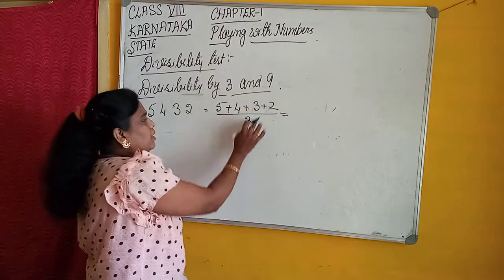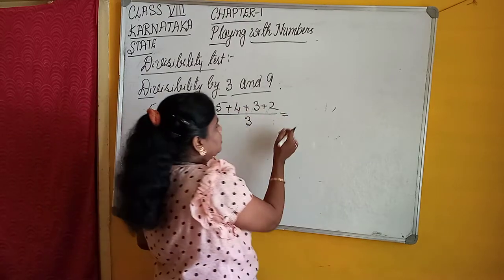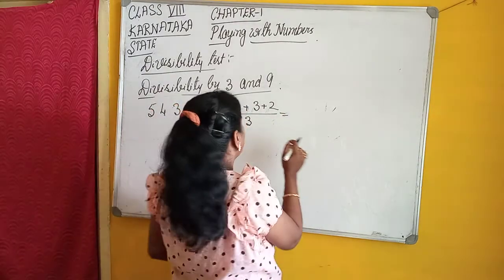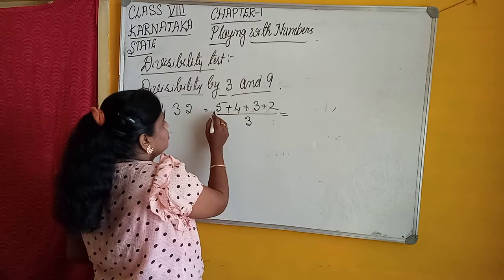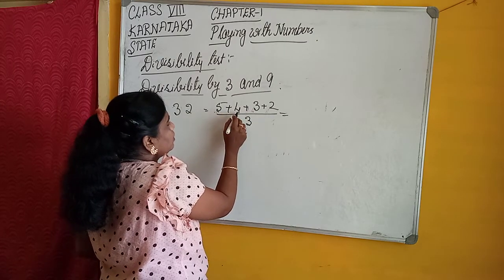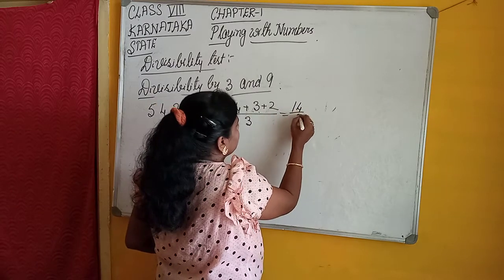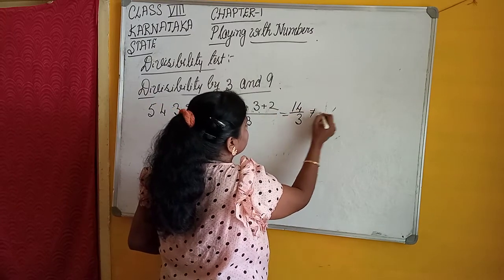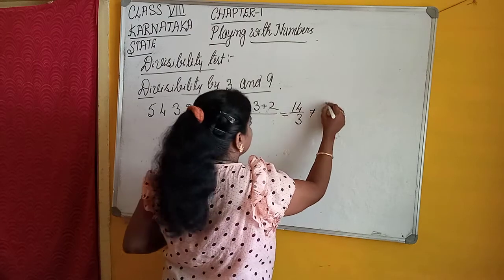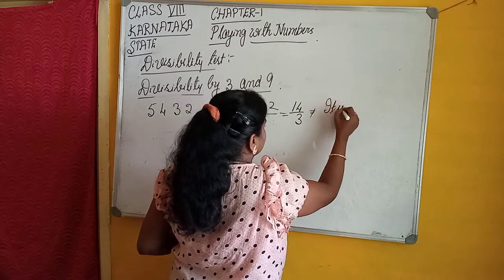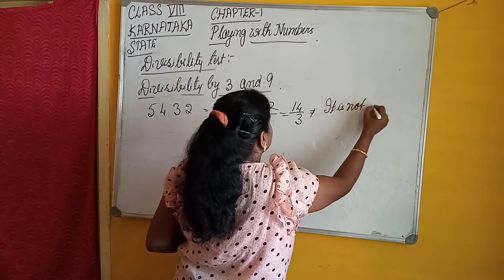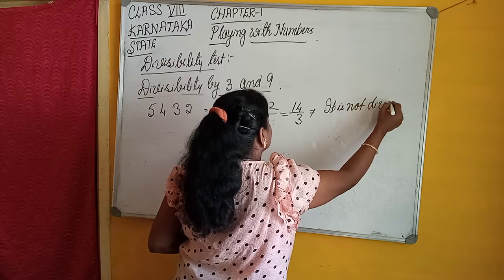If the sum is divisible by 3, then the number is divisible by 3. Here 5 plus 4 is 9, 9 plus 3 is 12, 12 plus 2 is 14. 14 is not divisible by 3, therefore the number is not divisible by 3.